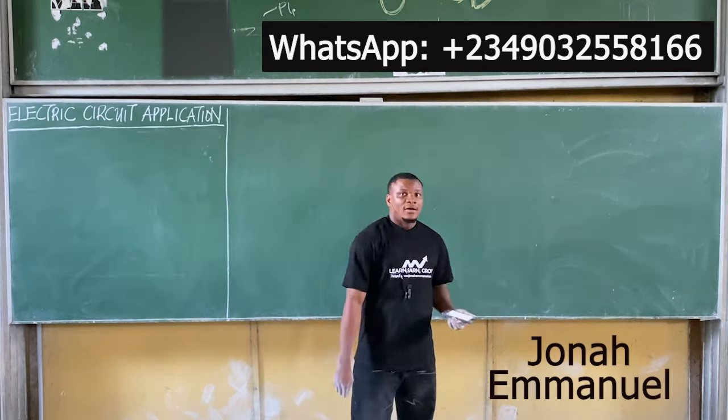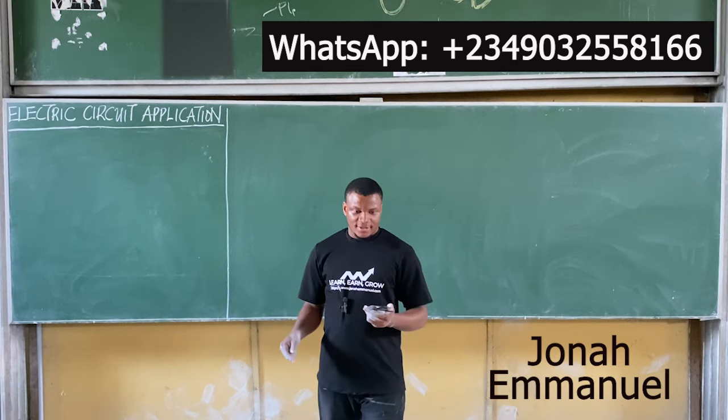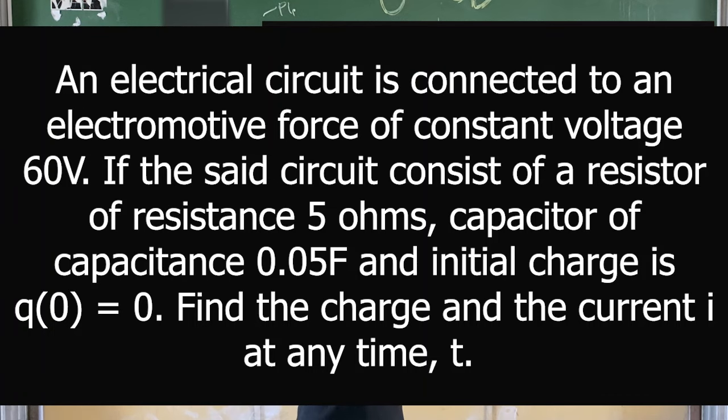Let's take an example on the RC series circuit. An electrical circuit is connected to an electromotive force of constant voltage 60 volts.